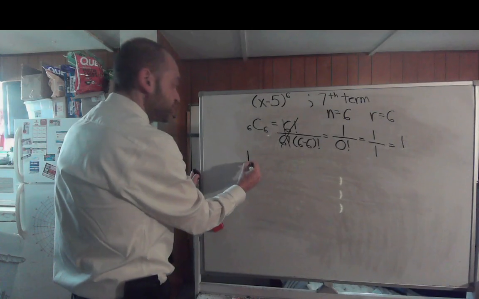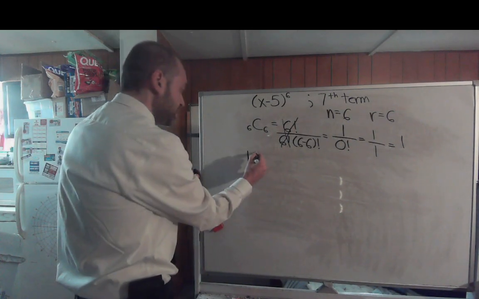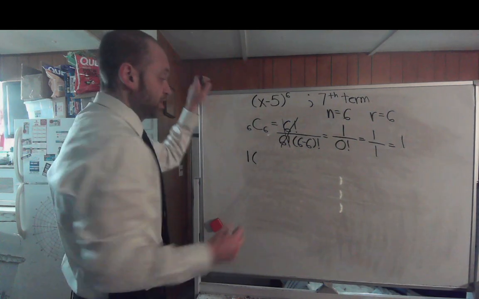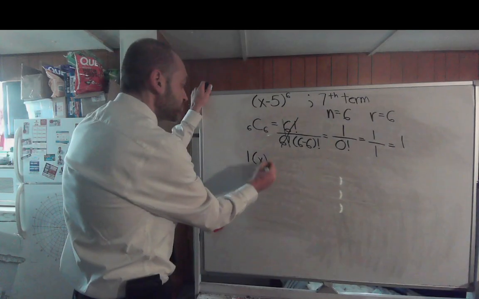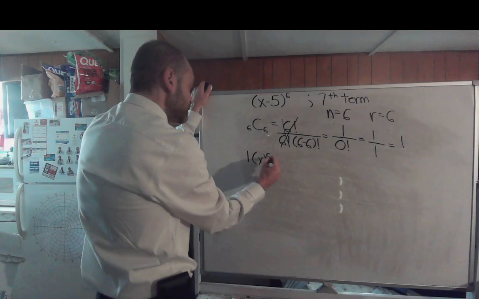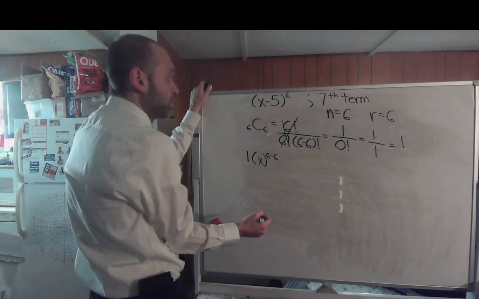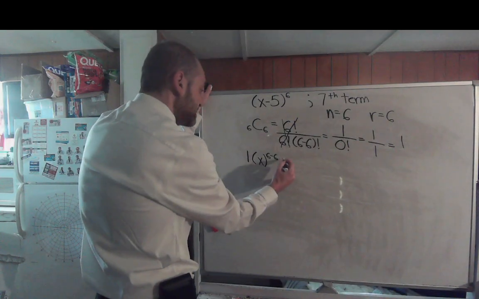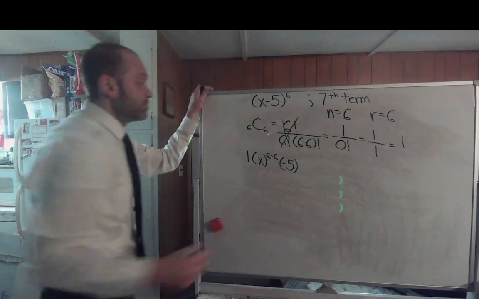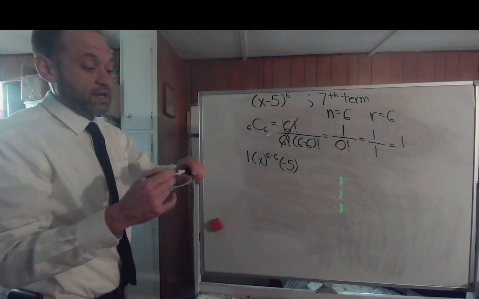So now just take this combination piece. You have 1 as your initial coefficient times, take your first term of your binomial expansion, that x, it's always raised to the n minus r power, so that would be to the 6 minus 6th power, times now take your negative 5, and remember this is a negative 5 in the binomial expansion.